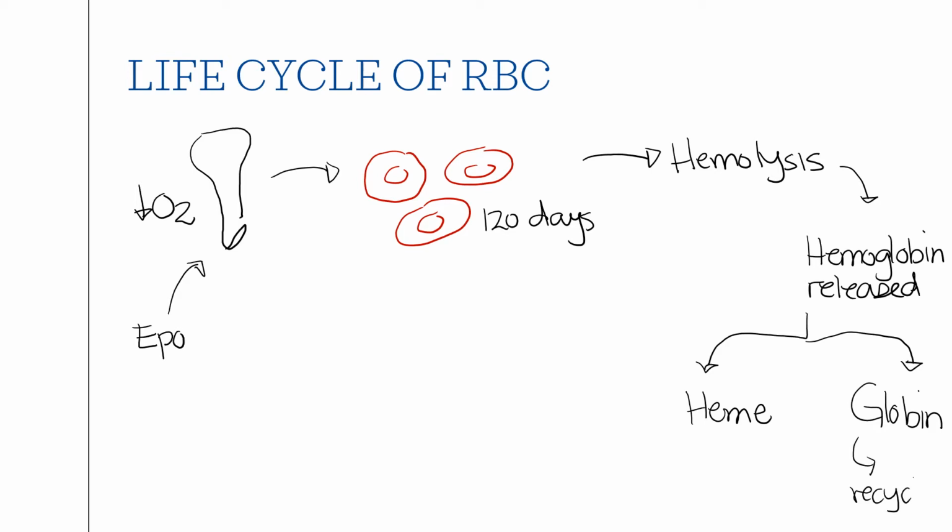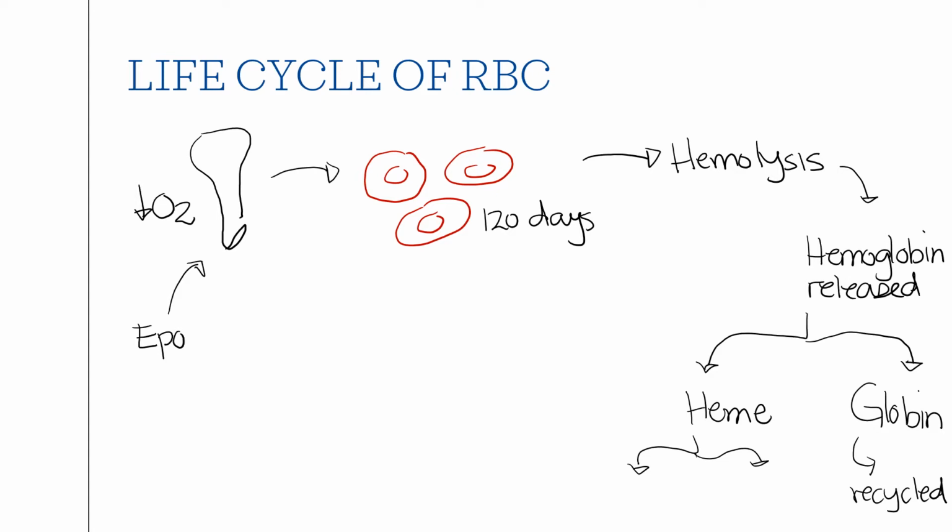So we don't really get rid of any of this stuff. The globin, or that protein component, is going to go back into circulation, and that's where it's going to be recycled. You still have your heme, and so what's going to happen to this heme now? Heme is going to be split into iron and bilirubin.